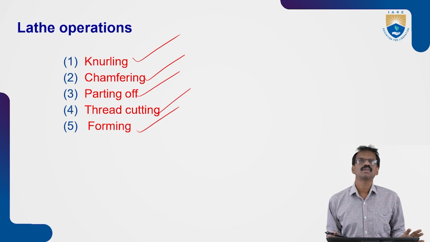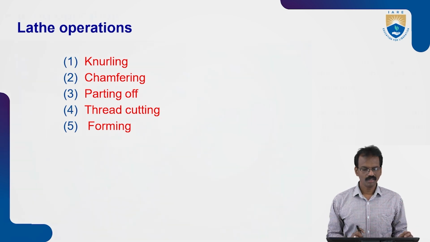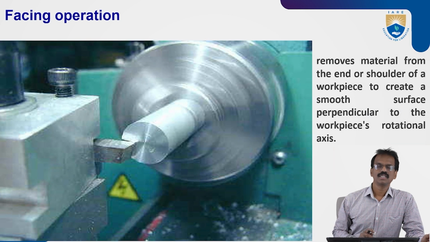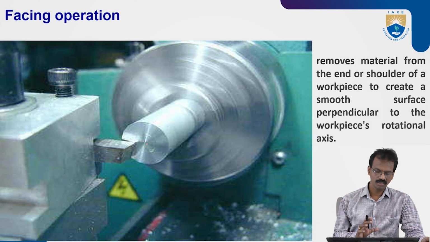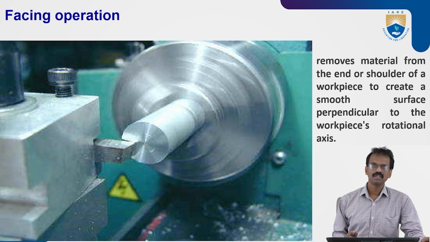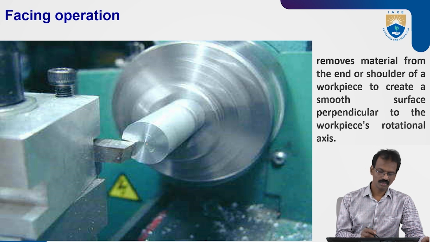So all these are the lathe operations. We'll see one by one. The first one we'll see is the facing operation, finishing the face. In the facing operation, the length of the workpiece will be reduced because the face is machined.